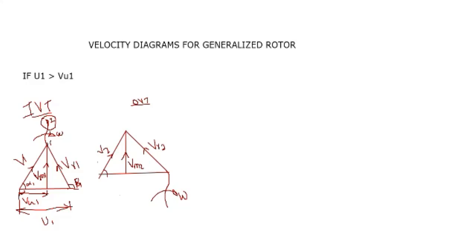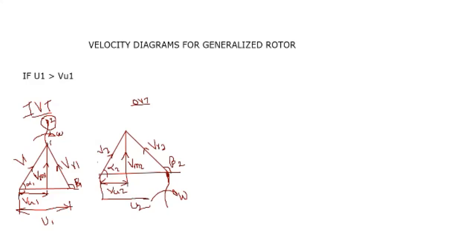If this is alpha 2, then this will be beta 2, and this is VU2, and up to this, that is U2, up to this point.